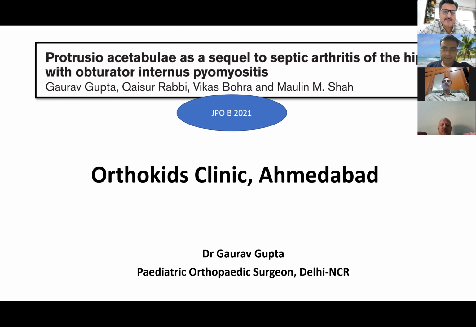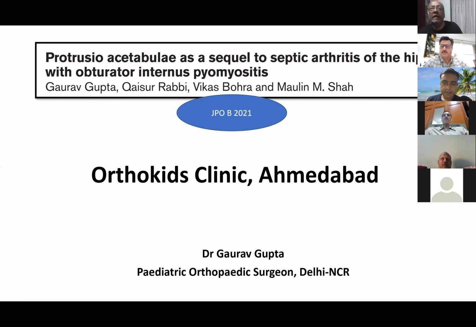Yeah, I just wanted to check because I think it's a great paper. I can think of cases where, in the older child, we went and drained the hip, found synovitis and maybe a little bit of pus, and the clinical findings were not correlating with what we saw on surgery. Looking back, these could be cases of obturator internus.